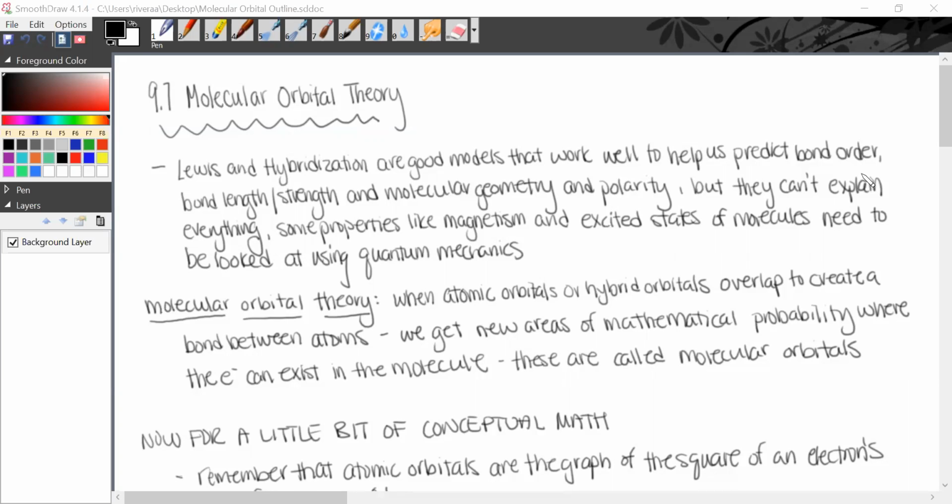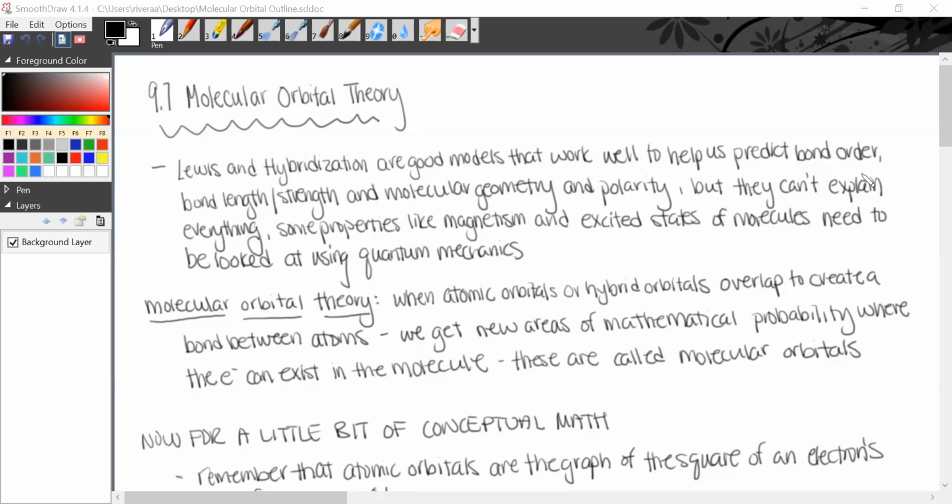When those atomic orbitals overlap, we're getting a combination of mathematical probabilities. We're getting a new area around the nuclei, hopefully between the nuclei, where those electrons can exist. And if the electrons exist there in this new area of probability, then we have a bond.